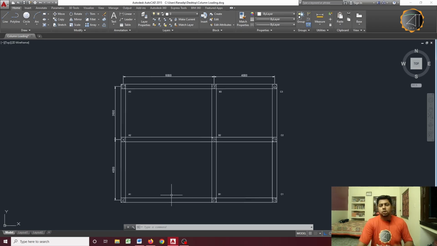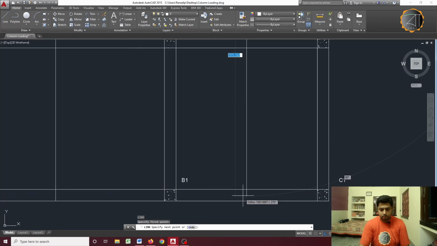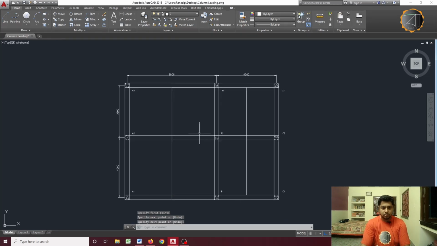Let us see how. To find the influence area, we just draw the line from the middle portion of the adjacent columns. I am just showing what to do. So, this will be in two parts, 3 meter plus 3 meter, and this will be in two parts, 2 meter plus 2 meter.